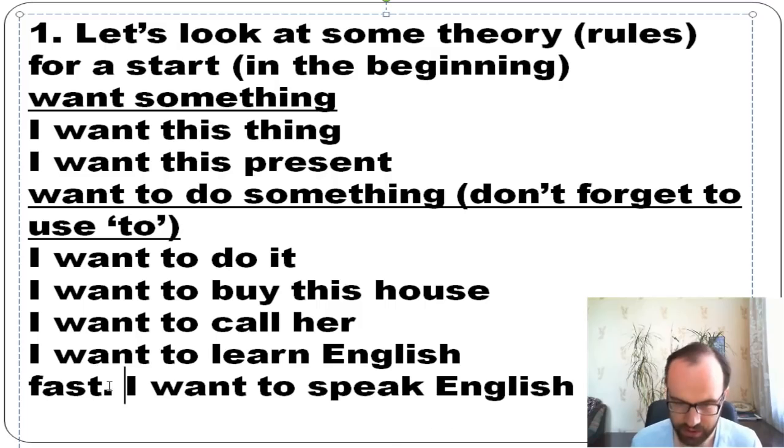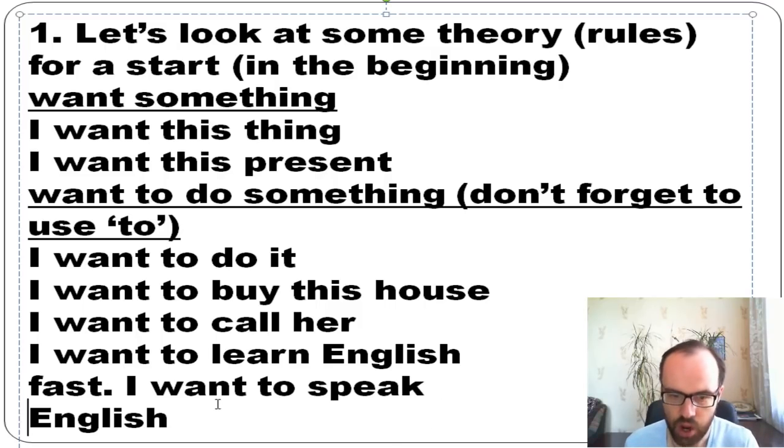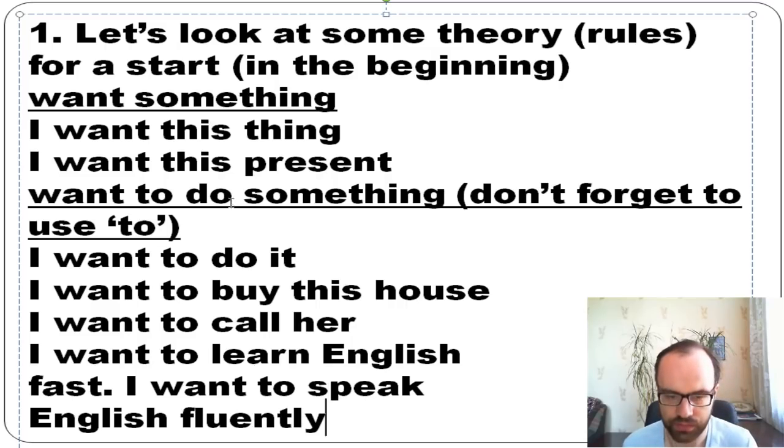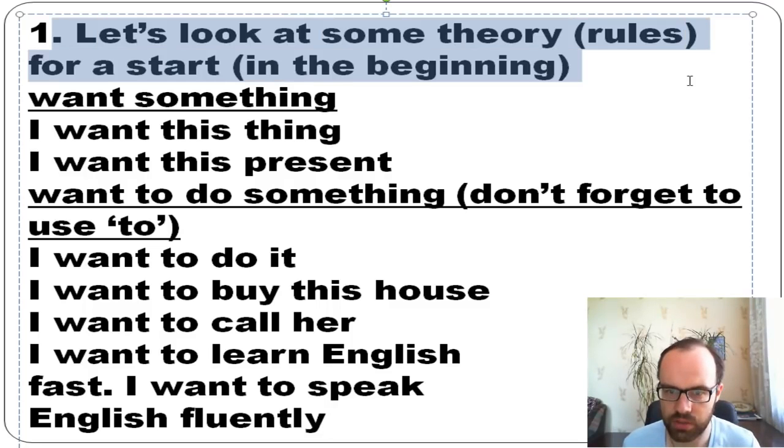But you know, there is a good phrase. I want to speak English fluently. It means very well, without any problems. Okay, so really, let's look at some theory, rules for a start in the beginning. Want something. We say we want something. For example, I want this thing.